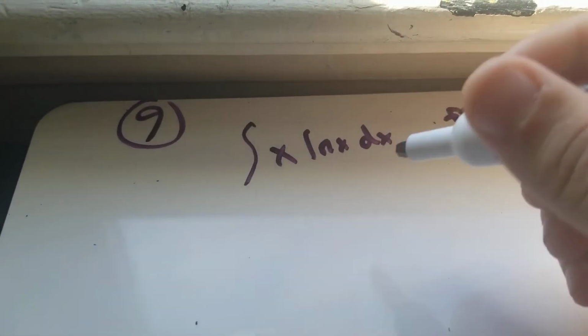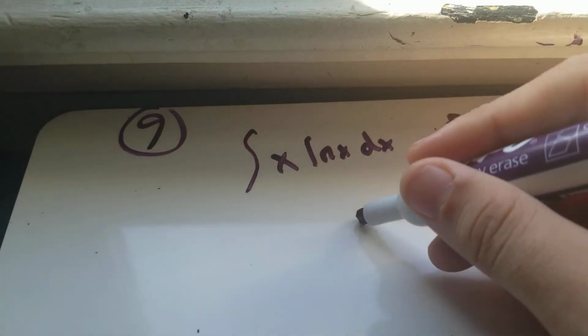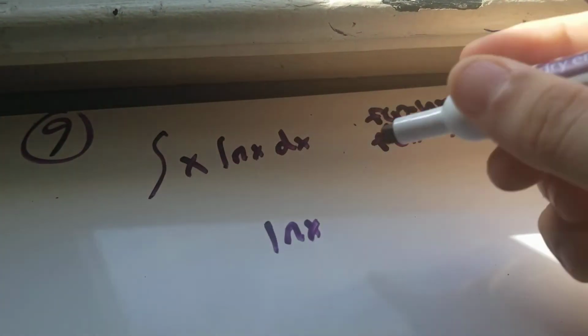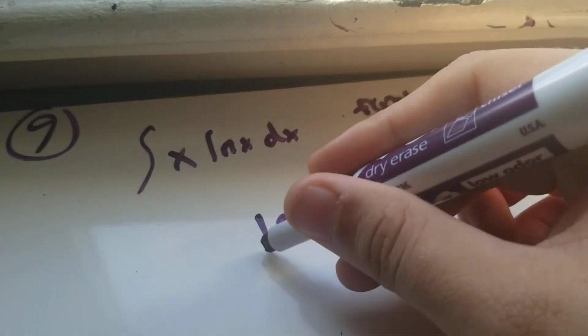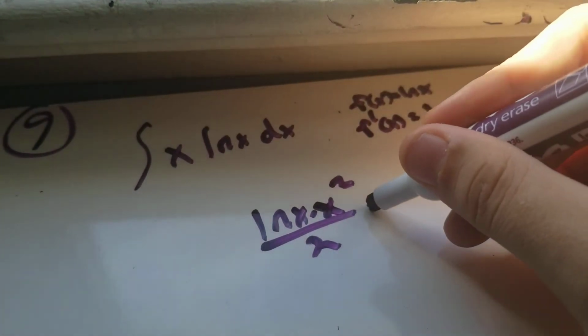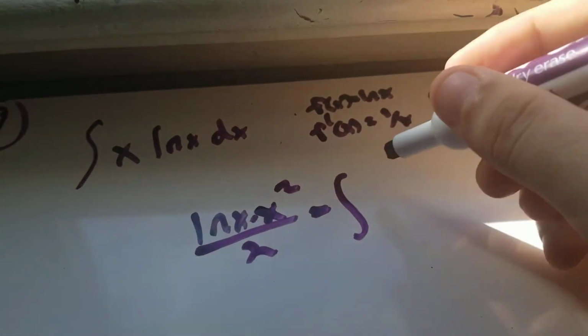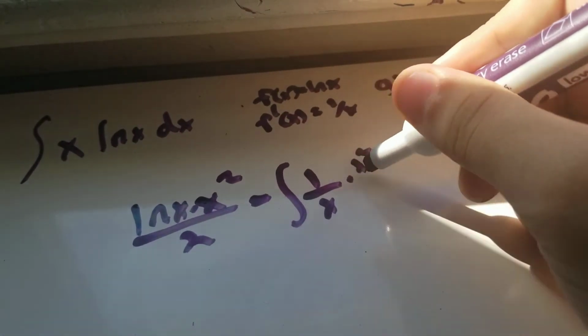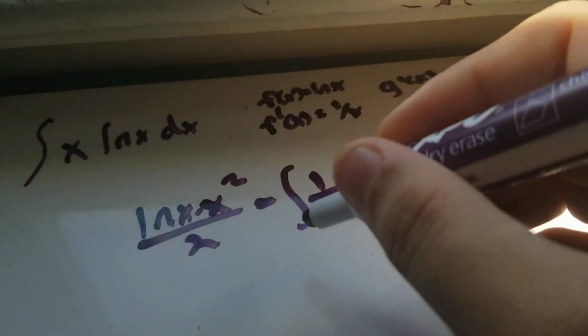F of x is ln x, times g of x, which is x squared over 2, minus the integral of f prime of x, 1 over x, times x squared over 2 dx.